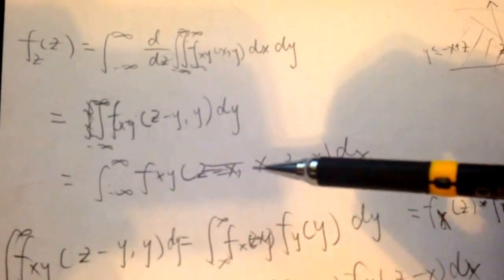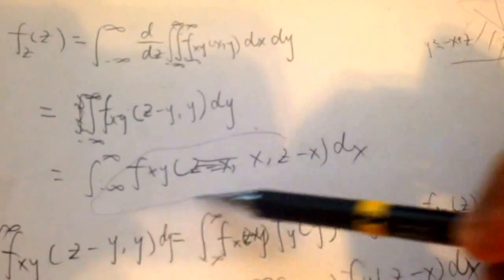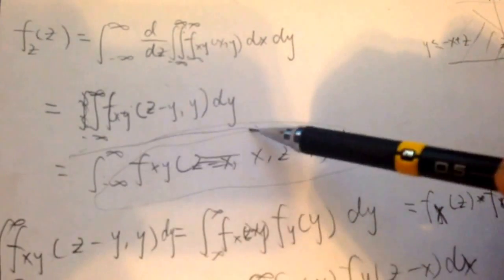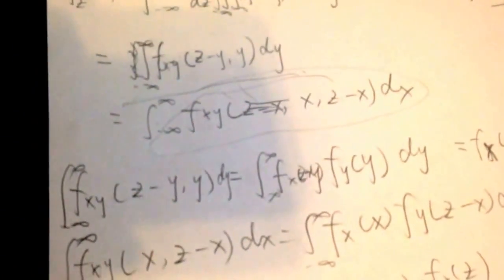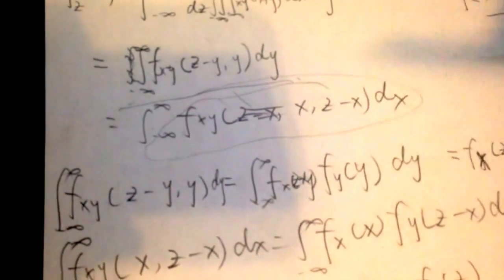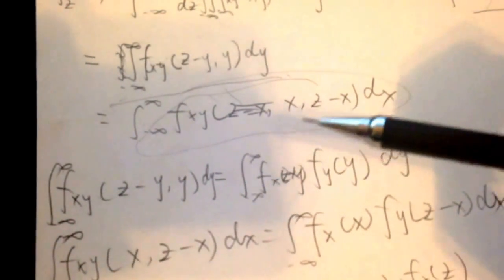This is because this is similar to this, so we can get this. Here we rewrite this equation in this way.